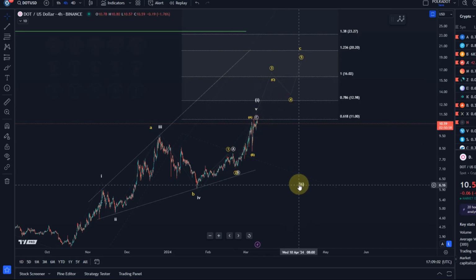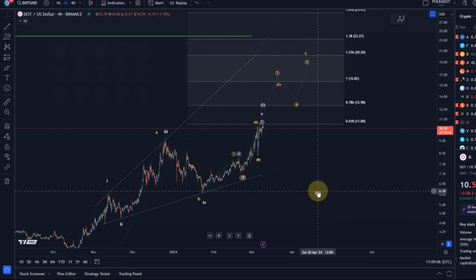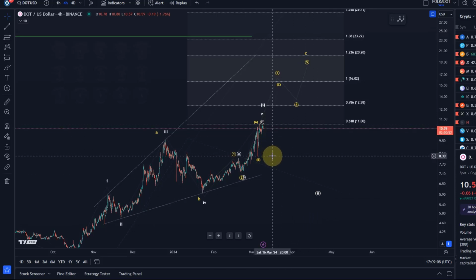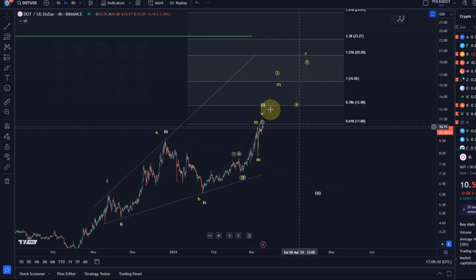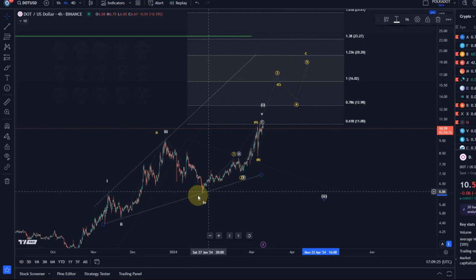If the white count plays out, then I need to see some evidence for that. First of all, I'd like to see a break below 830. I think the white count would actually be great, because it would offer another pullback trade opportunity. This wave 2 might lead to a pullback into the region around the previous wave 4 low.